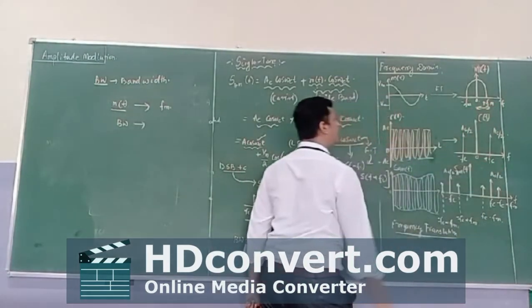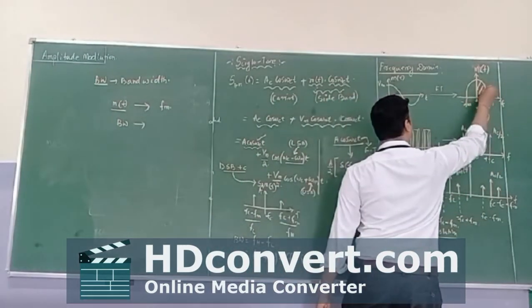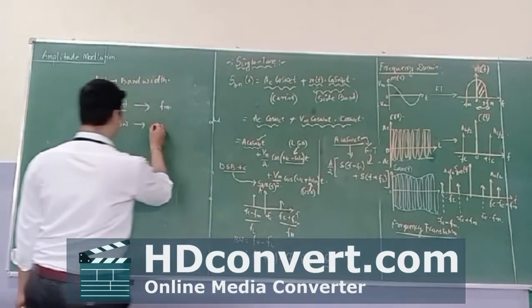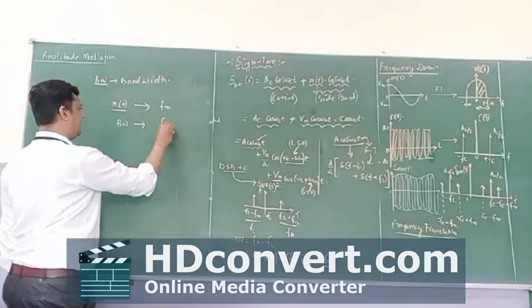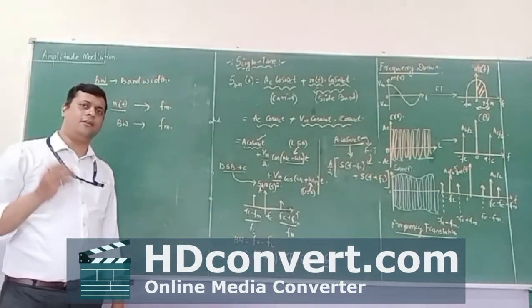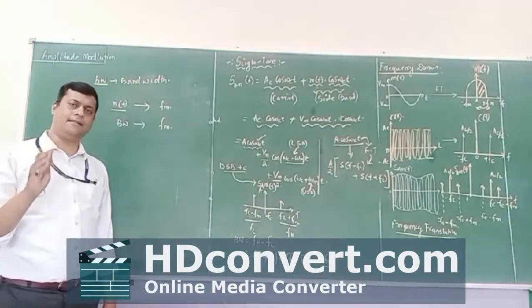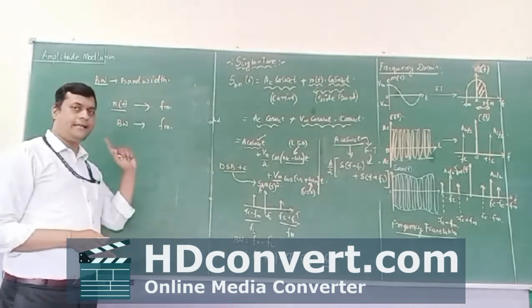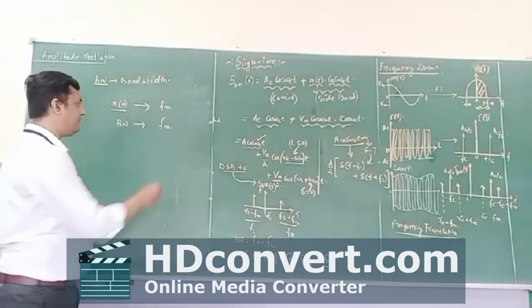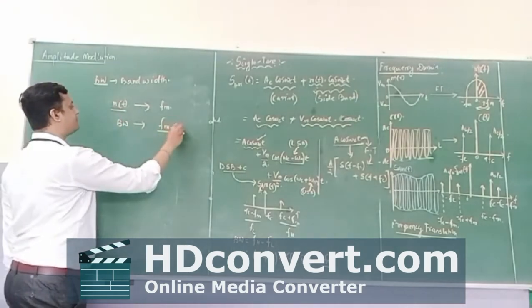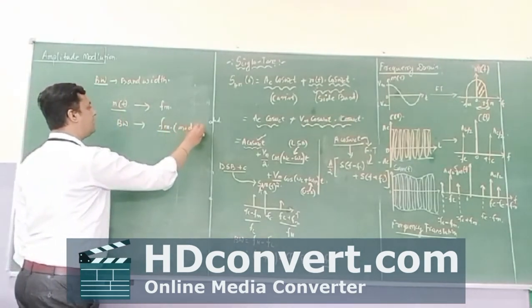Imaginary part we are not considering. So the bandwidth for the modulating signal is fm. For any modulating signal, any audible signal, which is your baseband signal, the bandwidth will be its own frequency. So this is the bandwidth of the modulating signal.